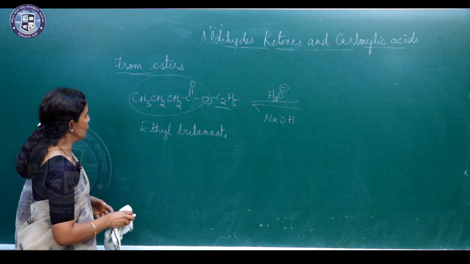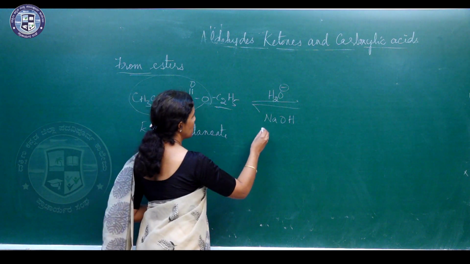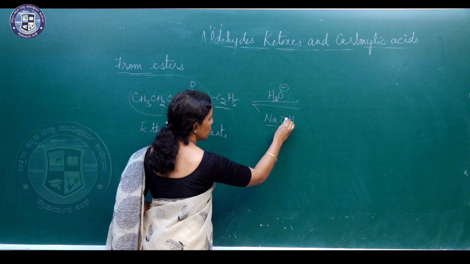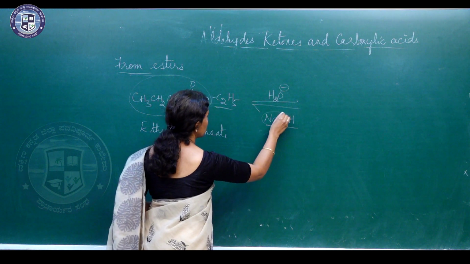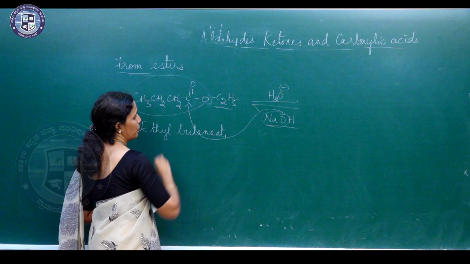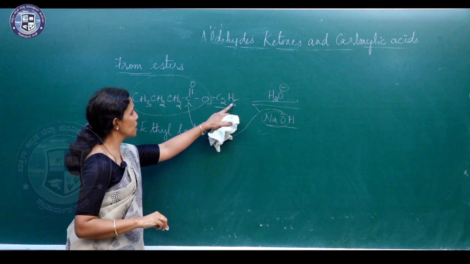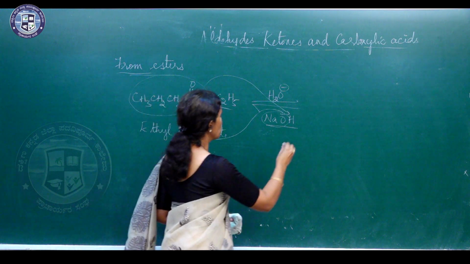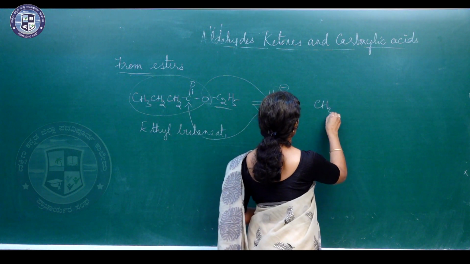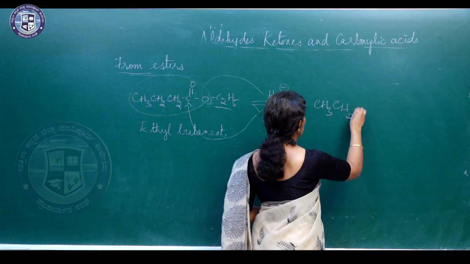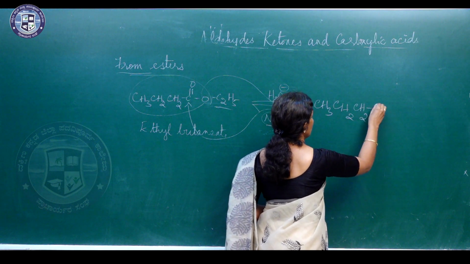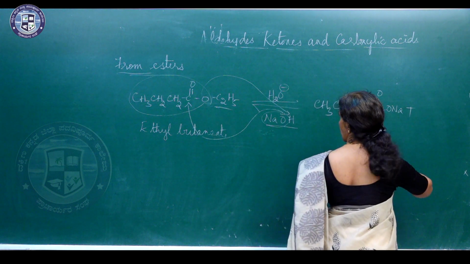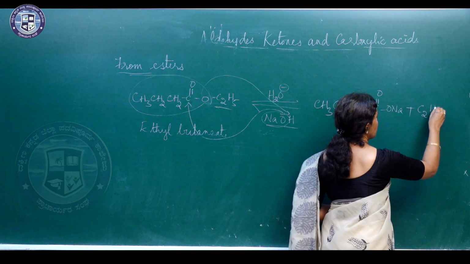Since we have used a base, the OH- of NaOH will attach to this carbon atom. It is going to displace OC2H5, which will link to H+. So, first we get the salt of the acid, CH3CH2CH2C double bond O, ONa, plus C2H5OH.